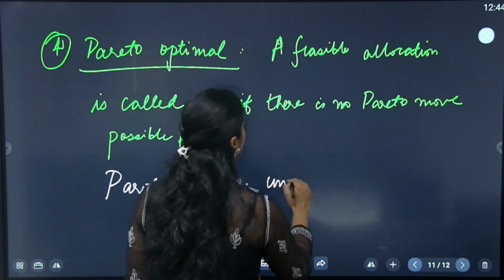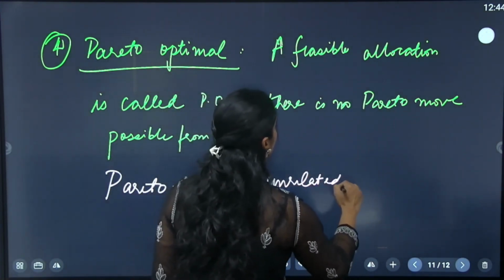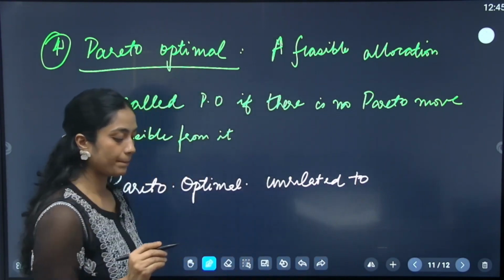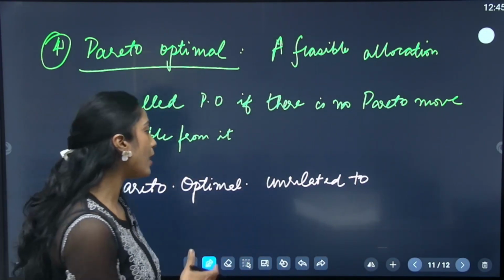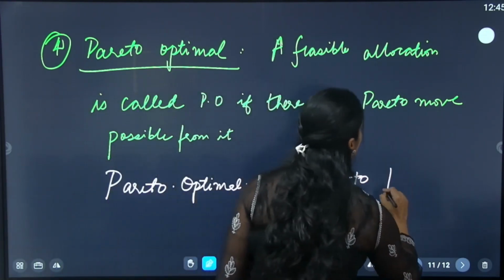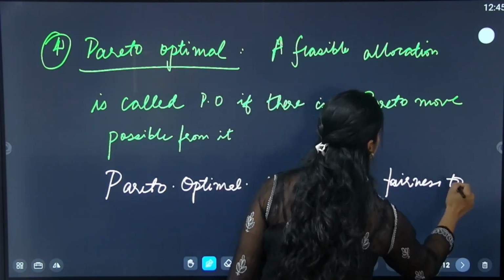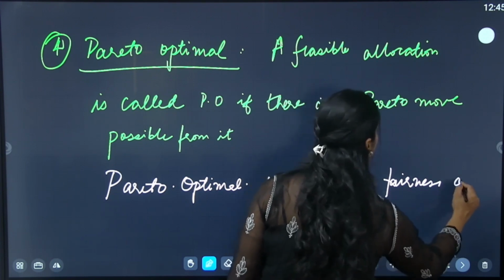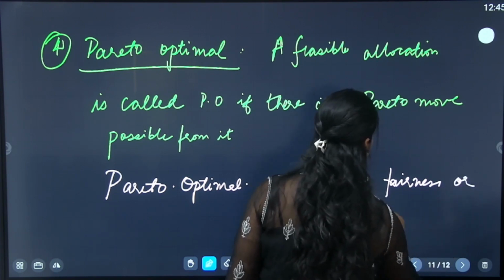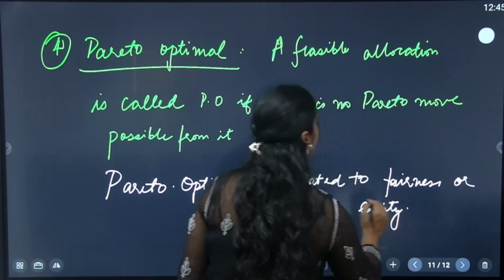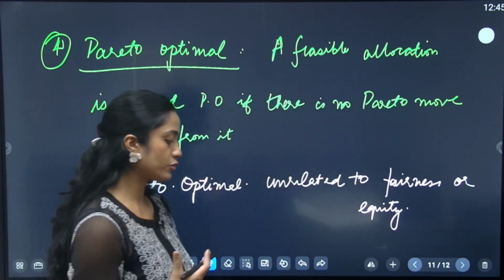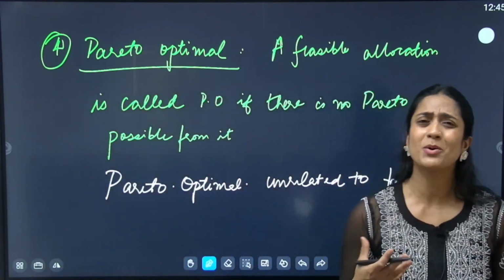So they are unrelated. We cannot make any definite statements about how it will be related to fairness or equity. To understand this, think about the extreme example.